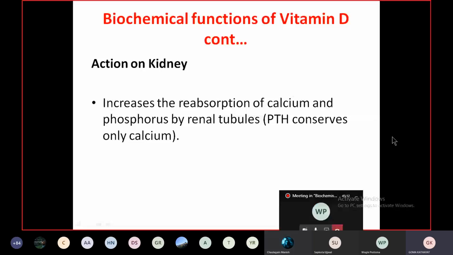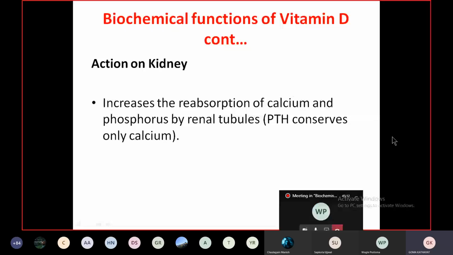Yes, okay. Because it is synthesized in the skin, and it is transported first to the liver and then to the kidney, where it is activated. Its mechanism of action is similar to that of a steroid hormone. And like other hormones, it has its action on the intestine, on bone, as well as in the kidney.